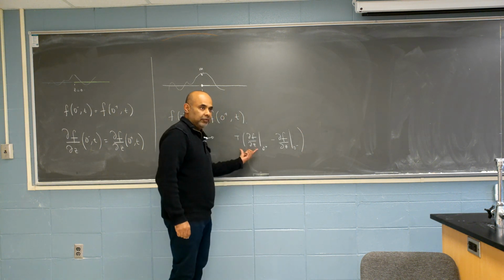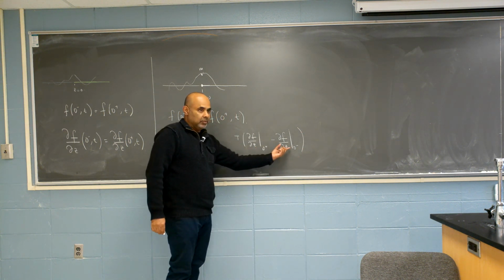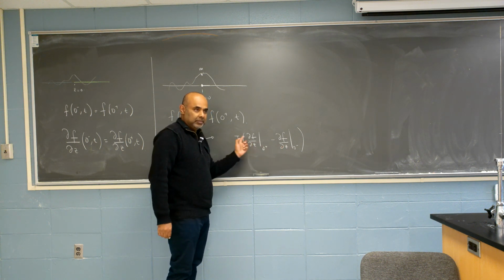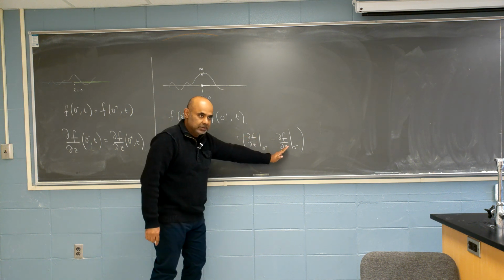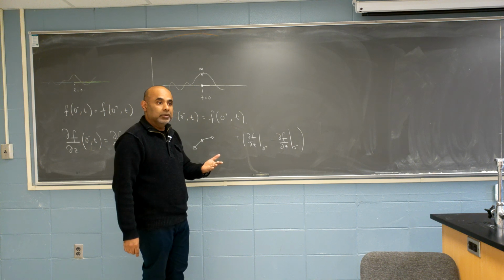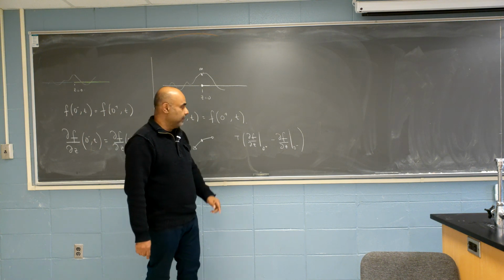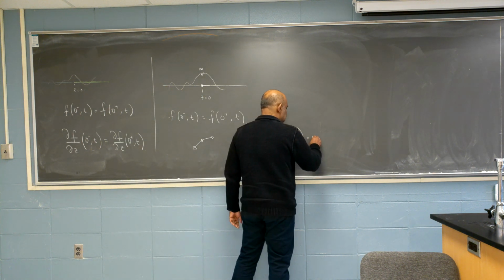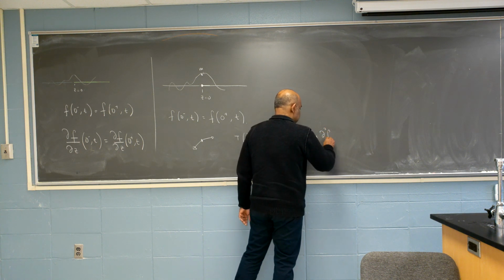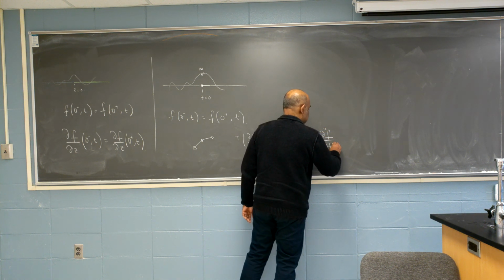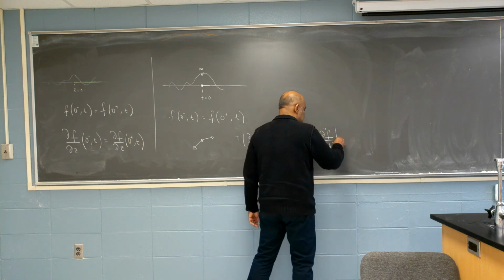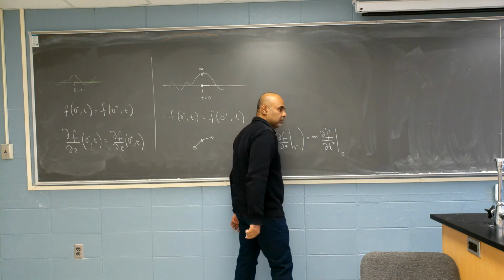This is the right force minus the left force. That should be equal to MA, that should be equal to M times the second time derivative of F, again evaluated at 0.